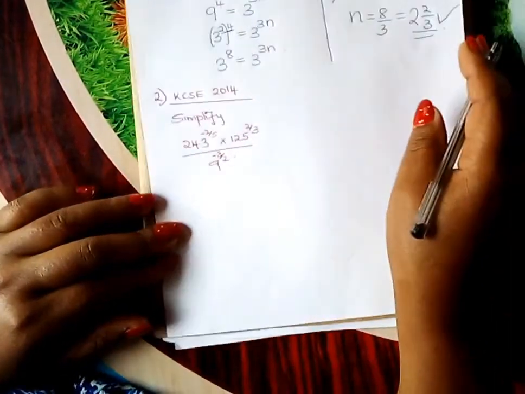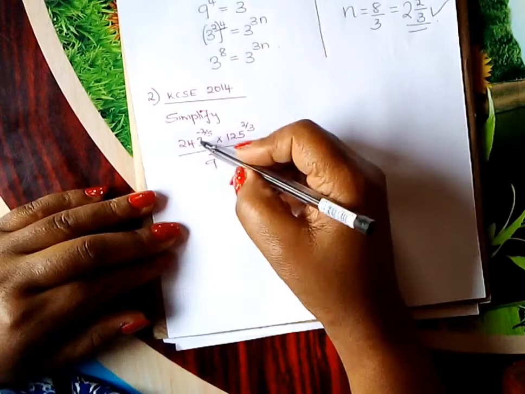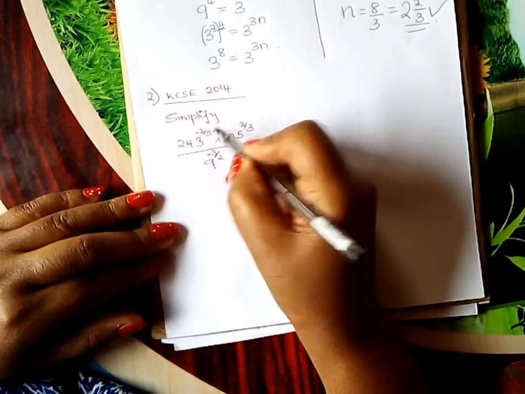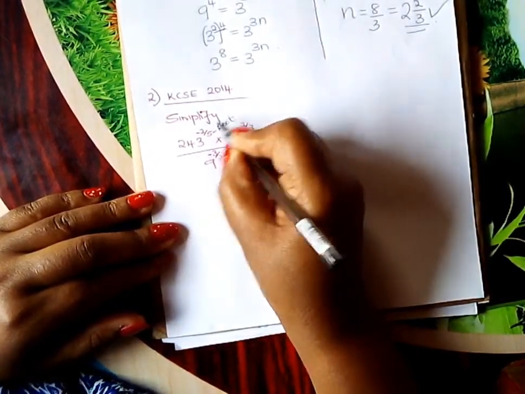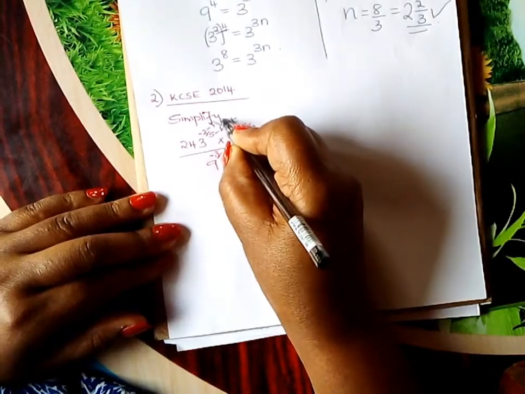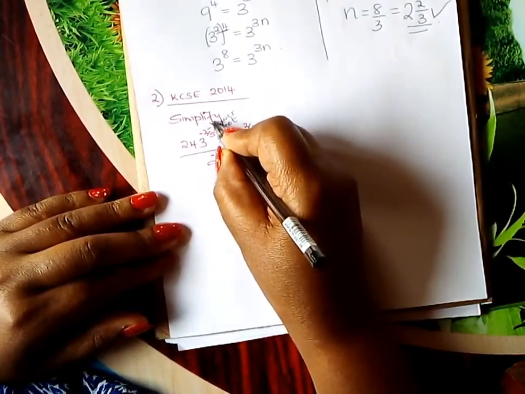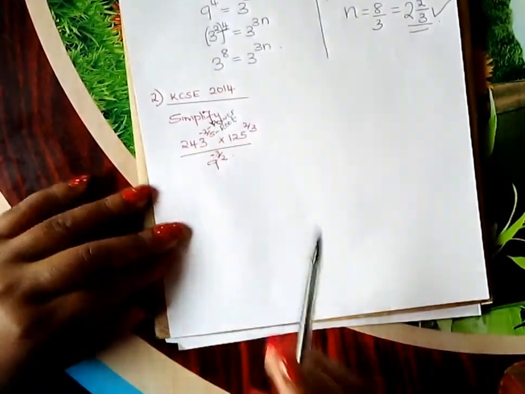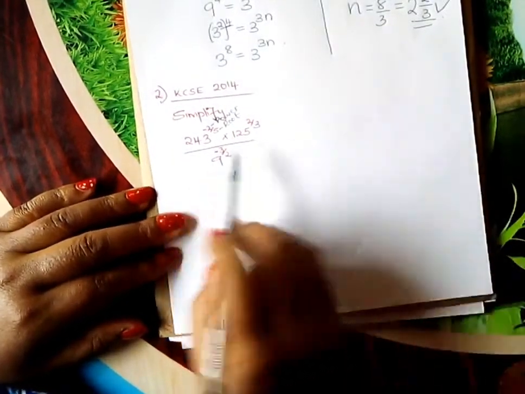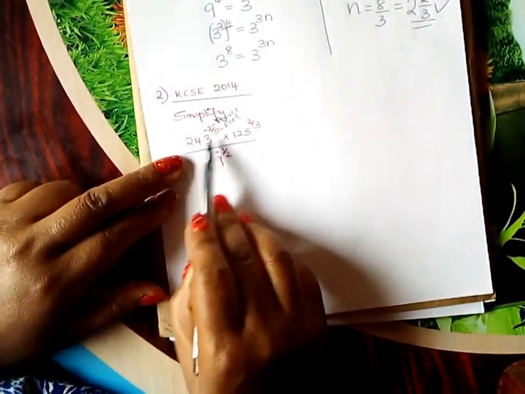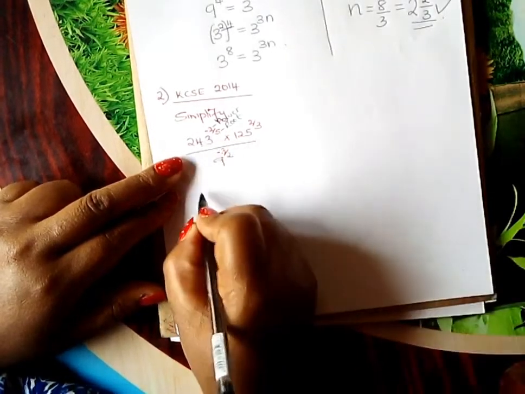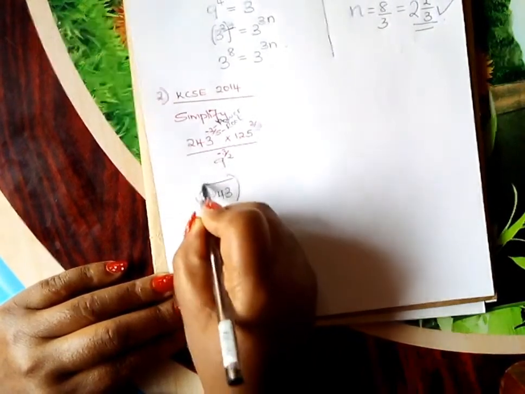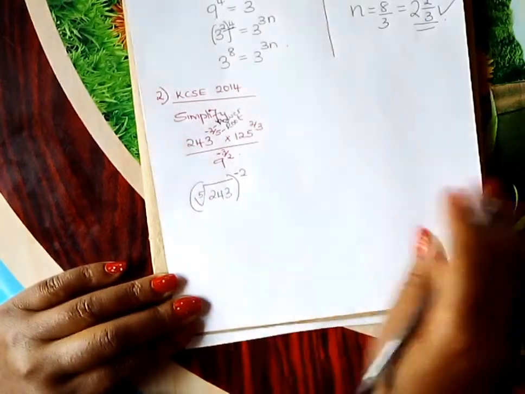Learner, what do you need to know about this? You need to know that if you have a number raised to a fraction, the denominator of the fraction refers to the root, and the numerator refers to the power. Again, there are other ways of doing this, but let me use this. So we talk of fifth root of 243, raised to negative 2.